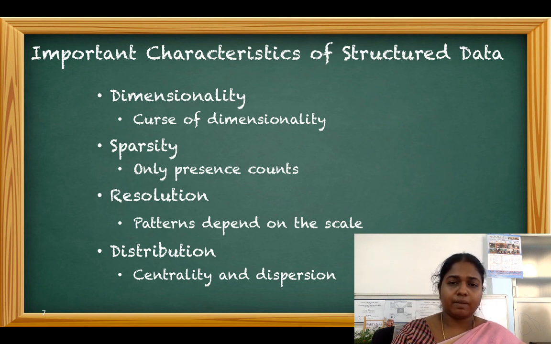Sparsity means the data is very less for certain attributes, or you have a lot of incomplete cells in most of the columns or attributes. When we are not able to find completeness in data, such data sets are called sparse.